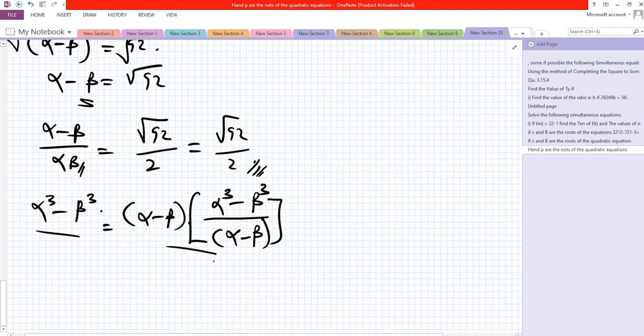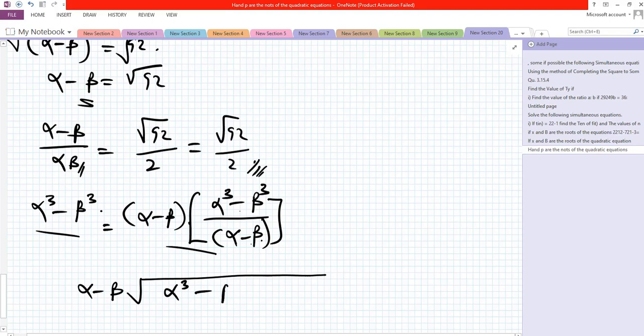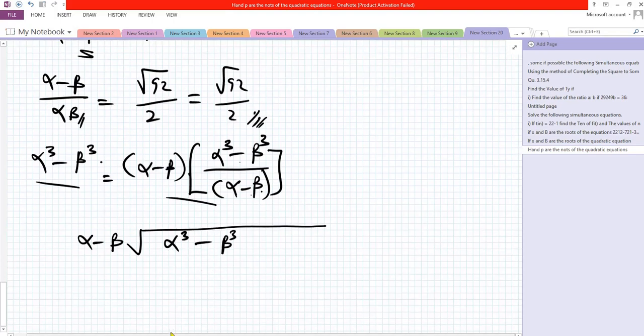So now I need to use alpha minus beta to divide this. I will find the quotient. You have alpha cube minus beta cube. Using alpha to divide alpha cube, I will have alpha square.